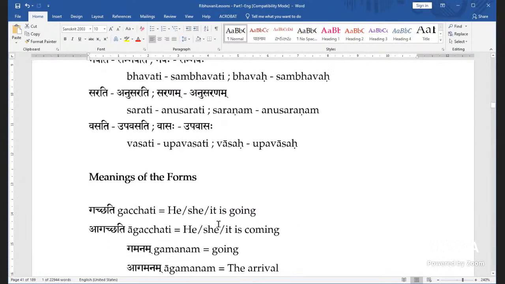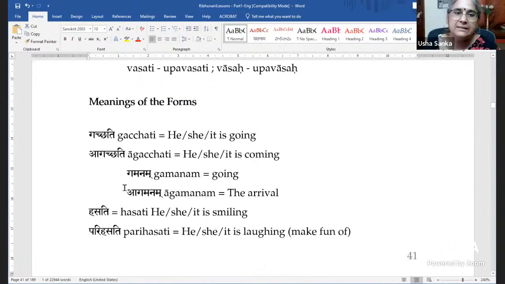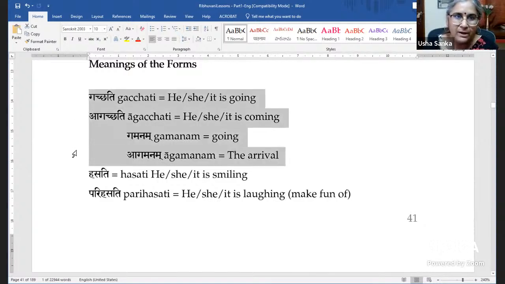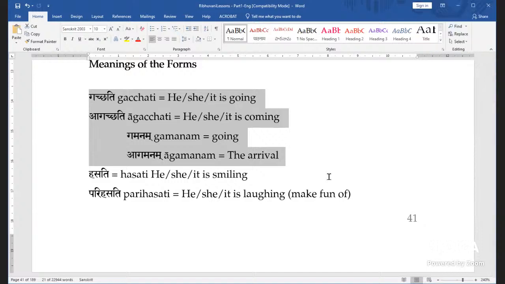Now let us see the meanings of these. Madhavi Lata Bhagini can read, one at a time, then we will discuss. Gacchati: he, she, it is going. Agacchati: he, she, it is coming. Gamanam: going. Agamanam: the arrival. Hasati: he, she, it is smiling.